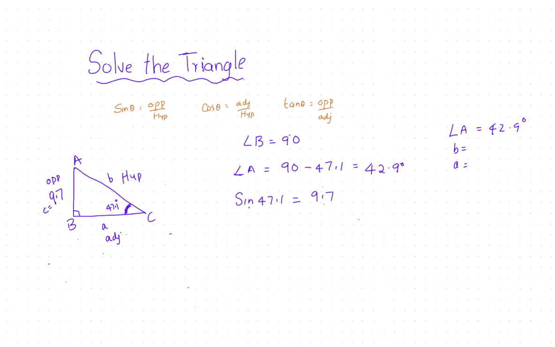To solve B, we cross multiply. So B times sine 47.1 equals 9.7 times 1, that is 9.7. To solve B, we divide by sine 47.1, left side and right side.